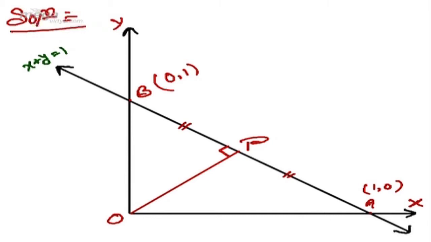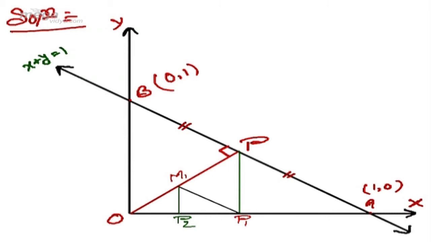Now according to the question, P1 is the foot of the perpendicular drawn from P to OA. So this will be your P1. From P1, M1 is the foot of the perpendicular to OP, so this will be your M1. From M1 again we draw the foot of the perpendicular to OA, so this is your P2.